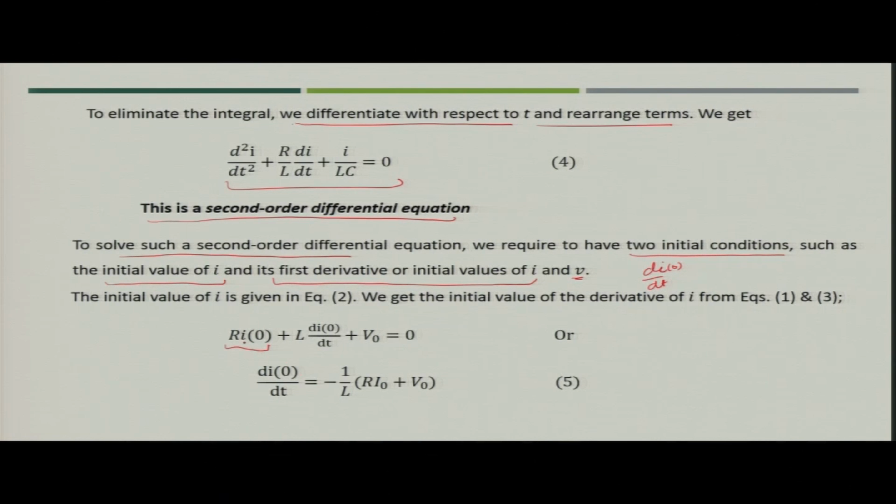Now, you know that I at time t is equal to 0 is nothing but I naught. So, if you rearrange, you will get di by dt at time t is equal to 0 is nothing but minus 1 by L times R I naught plus V naught. So, now you have the initial value of I and the initial value of di by dt in your hand, which you can utilize to solve the equation.